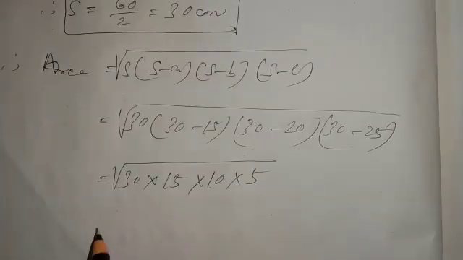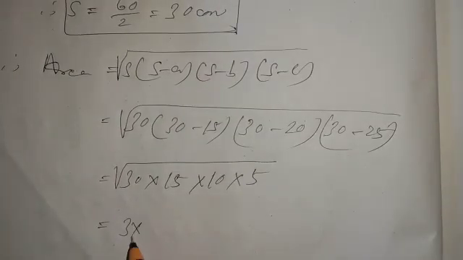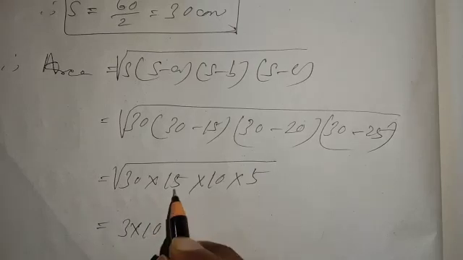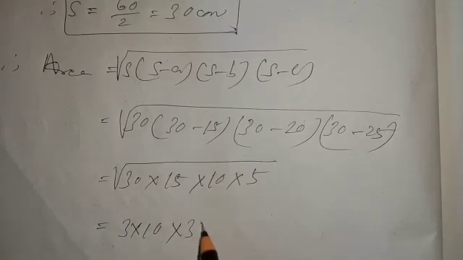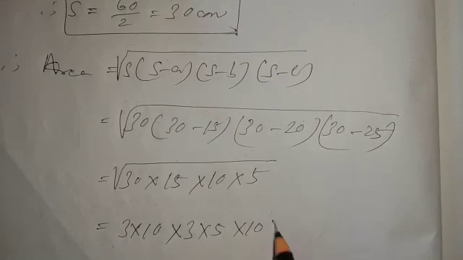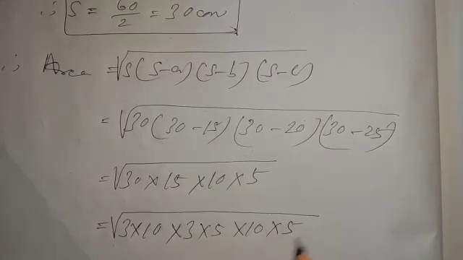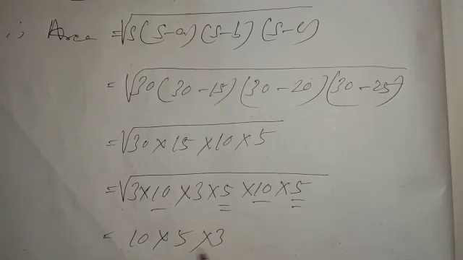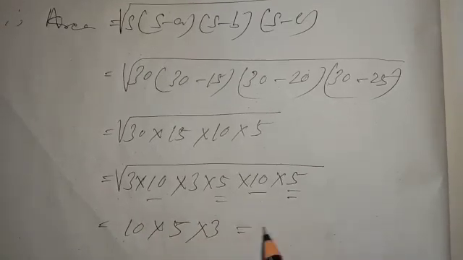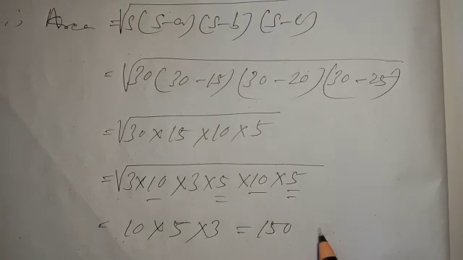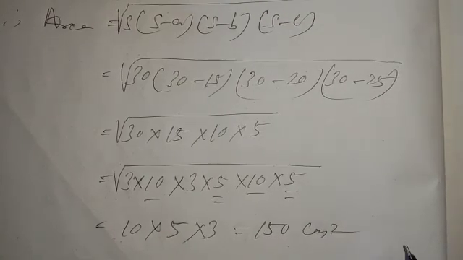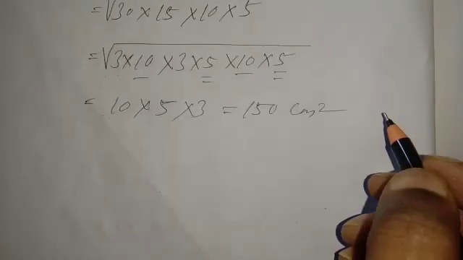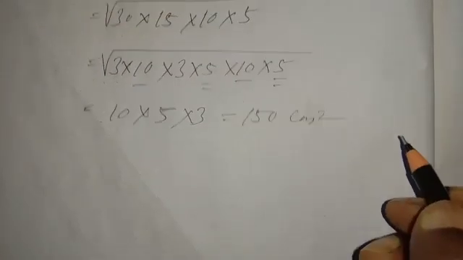Now you see, just break here. 30 is 3 into 10, 15 is 3 into 5, and this is 10 into 5. Out of two 10s, I will take one 10. Out of two 5s, I will take one 5. And out of two 3s, I will take one 3. 3 fives are 15, 15 tens are 150 centimeter square. Therefore, the area of the triangle is 150 centimeter square.